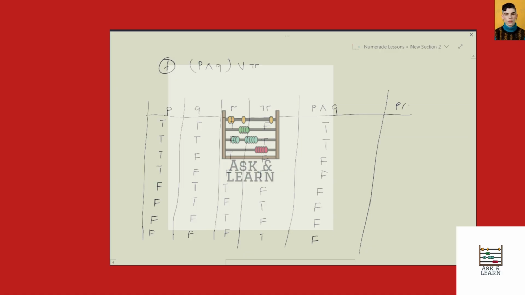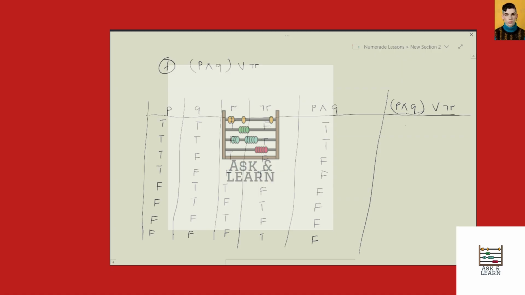Okay, here we look for this together with the negation of R, and because we are dealing with the or, we expect this side and that side to at least be true for it to be true.